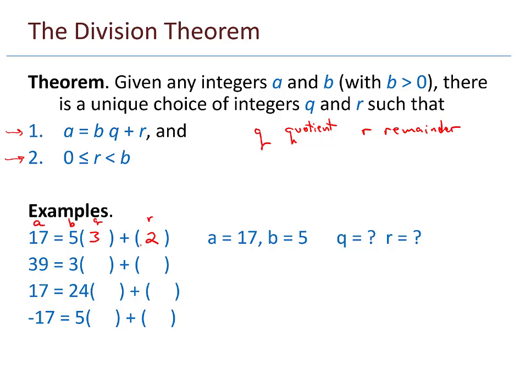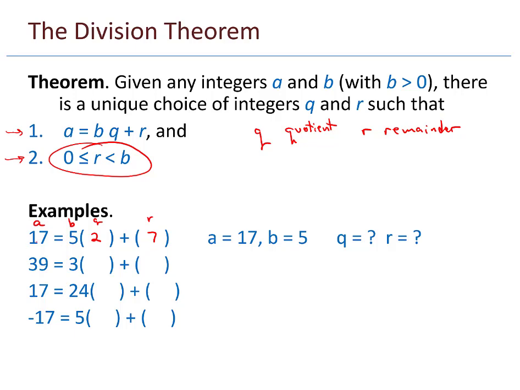Now, you might say, well, wait a second. It seems like there's lots of choices. 3 and 2 work, but there's other things that work also. Like, what about 2 and 7? This is correct arithmetic, but it doesn't satisfy this second condition. I wouldn't say that 17 divided by 5 is 2 with a remainder 7.